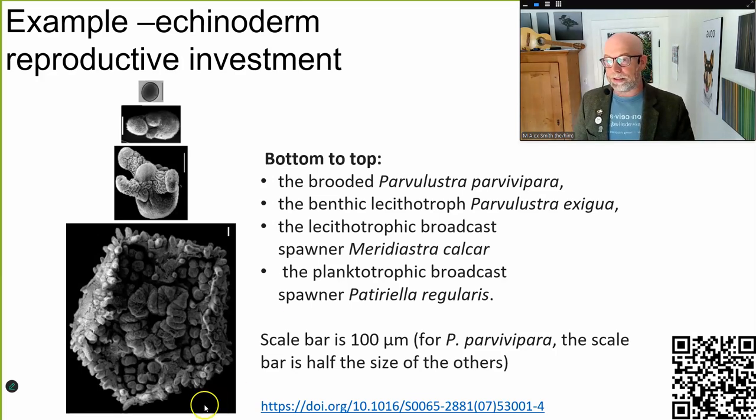So do you invest in a small number of lecithotrophic eggs where each one has a greater investment because you're contributing yolk, and they're not going to move as far, but they are potentially hardier and able to withstand periods of low food availability?